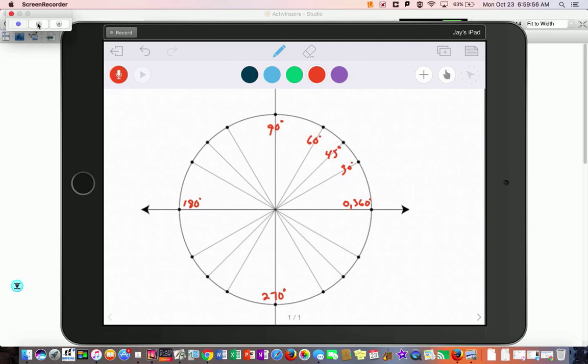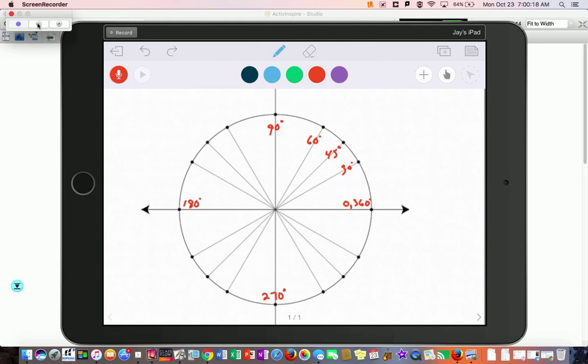For instance, in quadrant 2, I would go from the x-axis in this direction, which is actually backwards or in the negative direction. So when you lift from 180 up 30 degrees, you're actually going to subtract there.